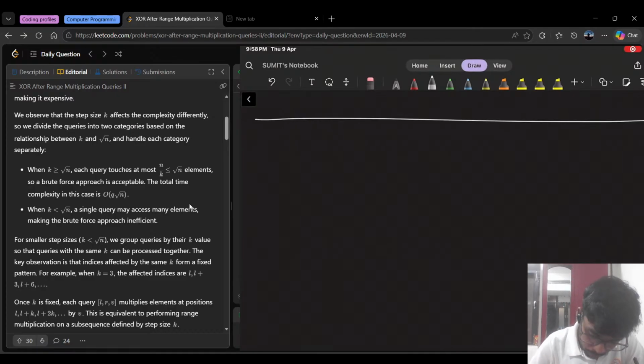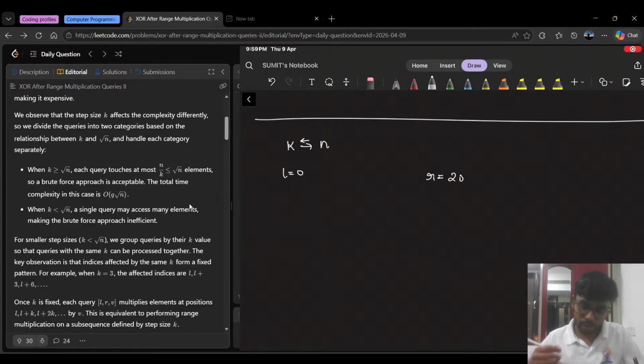we have to deduce the relationship between k and n. Let's suppose we have l equals 0 and r is 20, and n equals 21. Fine.